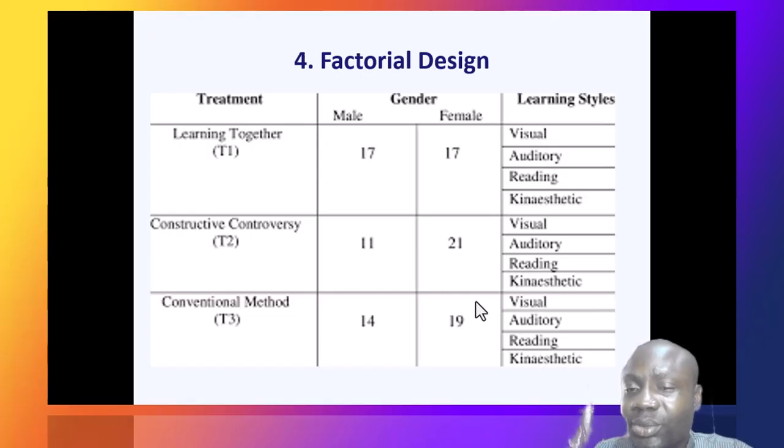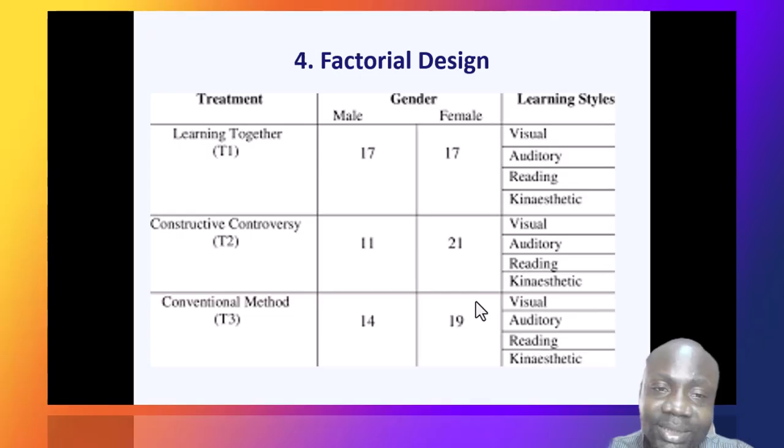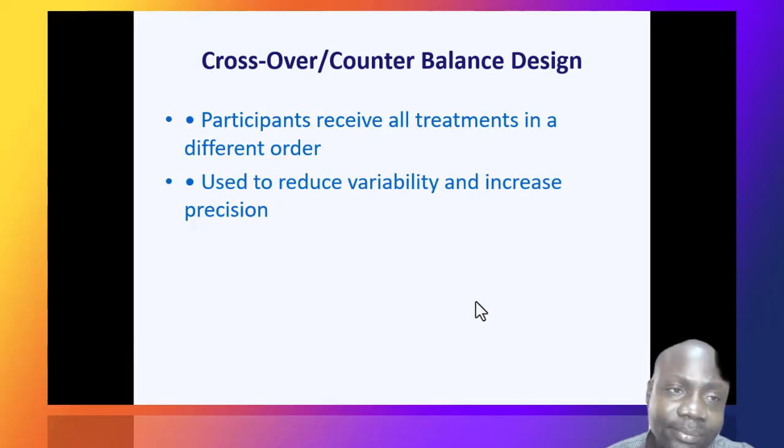Is somebody with visual, auditory, reading, or kinesthetic style benefiting more from the treatment? So this type of research is also pre-test, post-test, quasi-experimental, but it is not only the treatment that we are considering. We are considering moderator variables.